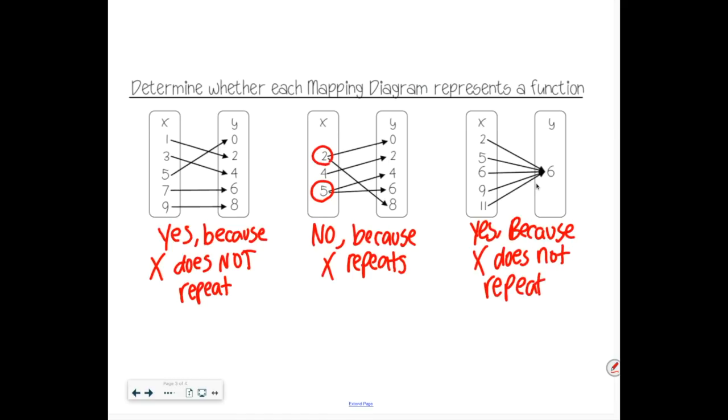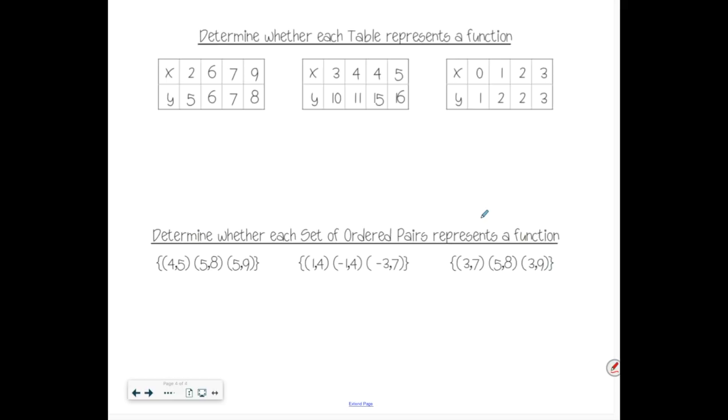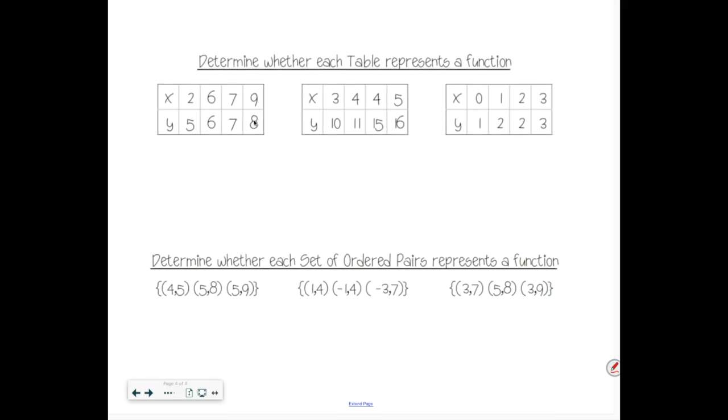So the whole theme here is x can only show up once. We cannot have multiple x's. So here, the 2, our x2, showed up twice. 5 had 2. You can only have one of each. All right. So we are actually repeating the same thinking over and over again, okay?